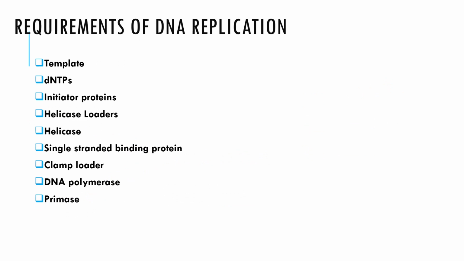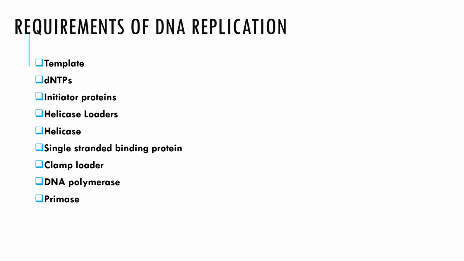So the next slide is about the requirements of DNA replication. Before we study the process of DNA replication in prokaryotes and eukaryotes, we must know what the requirements of DNA replication are.